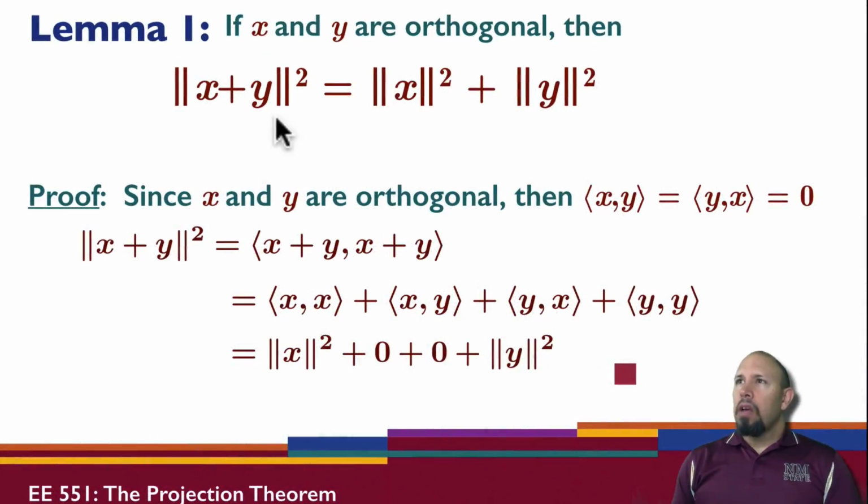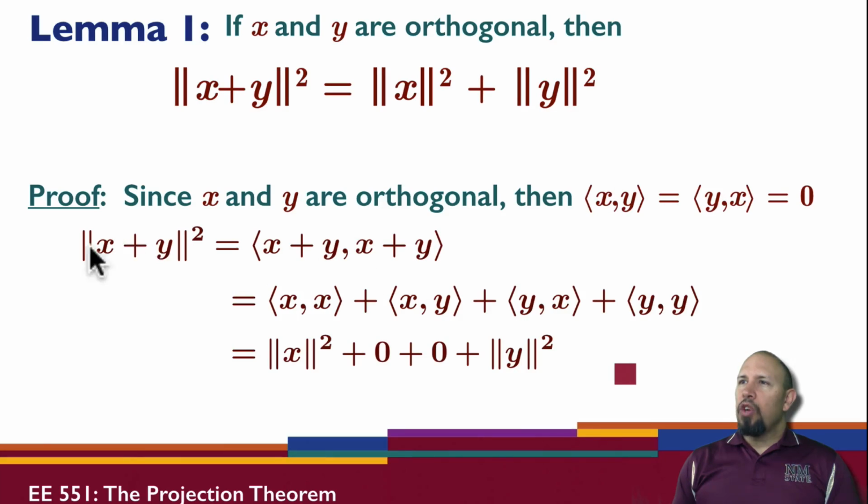So the first lemma is, if x and y are orthogonal, then the norm of x plus y, squared, is equal to the norm of x squared plus the norm of y squared. So this is the Pythagorean theorem for vector spaces. So again, here's the proof. Since x and y are orthogonal, their inner product is 0.